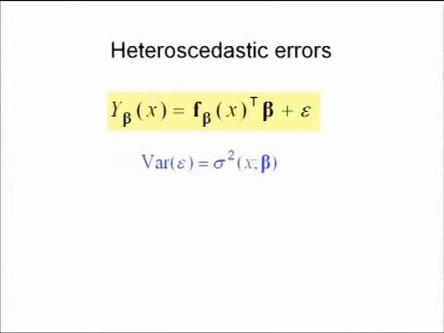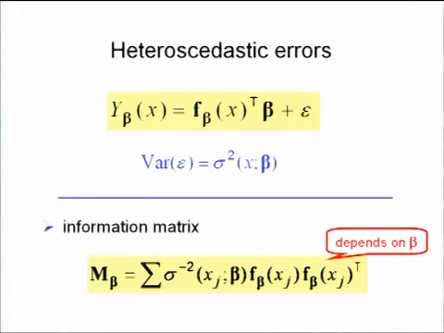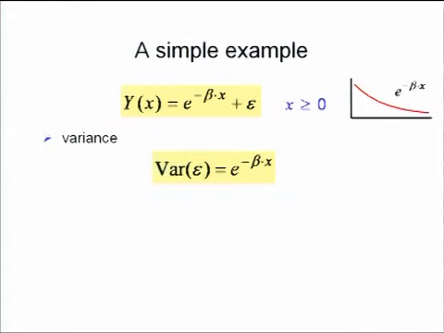So taking heteroscedastic errors, things become more difficult. The information matrix has to be weighted by the inverse of the variance in here. So there's another dependence on the unknown parameter. And look for a simple example, and I just assume that the variance is proportional to the mean, which might be a considerable assumption or not.